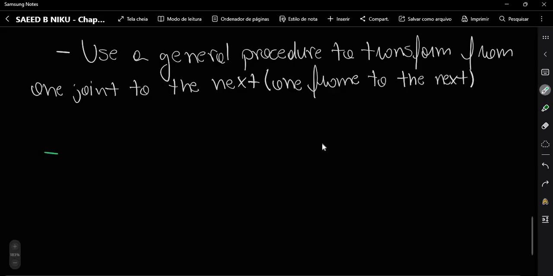So if you notice, the common normal is perpendicular to any skew line.